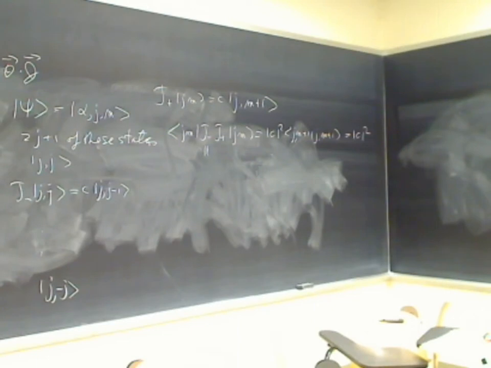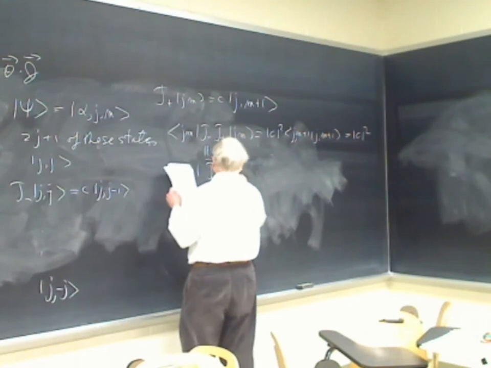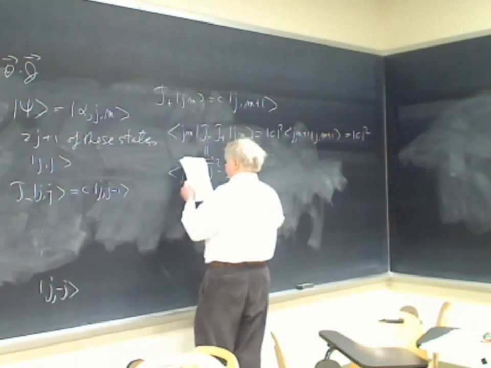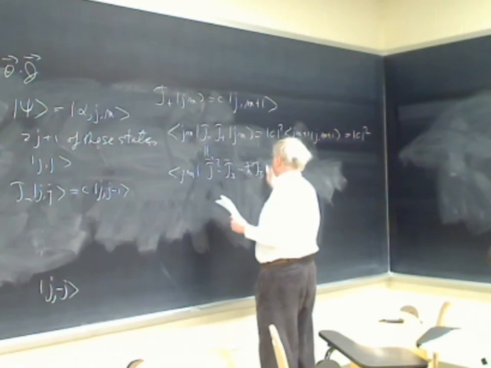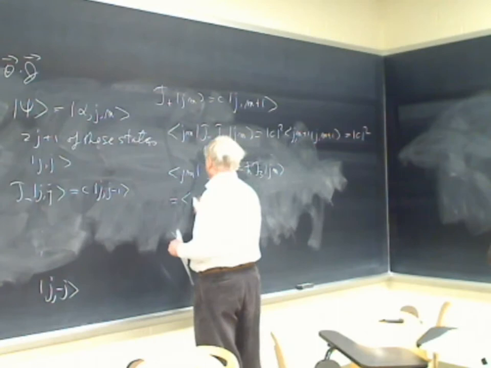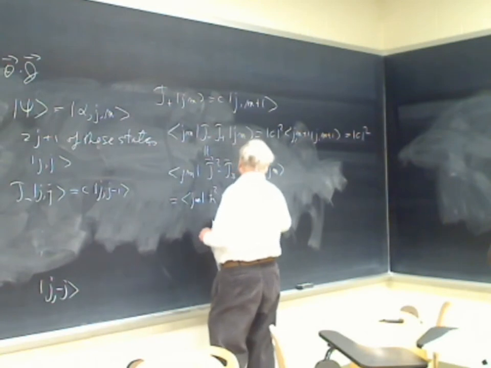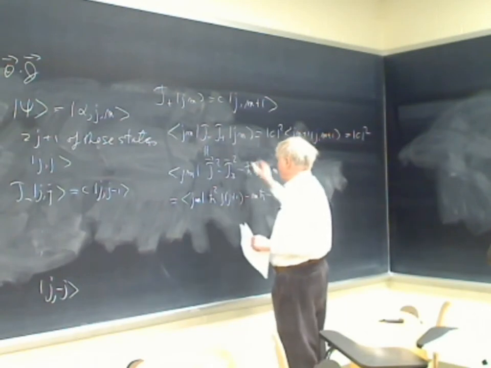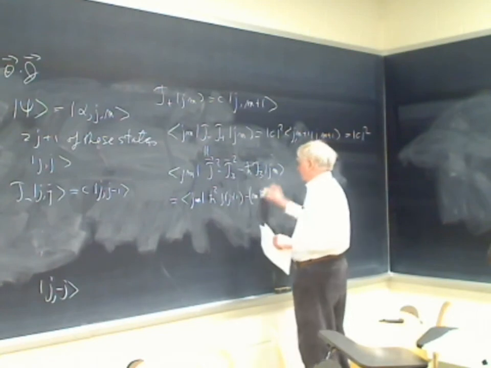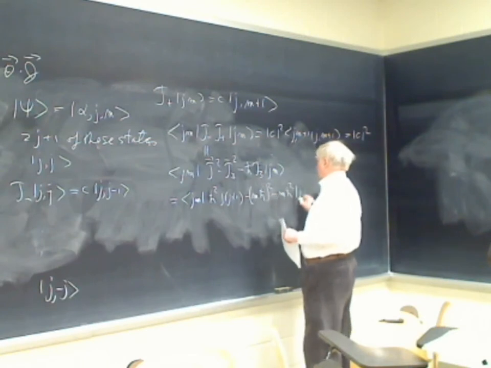And so when we substitute that in here, we have <j,m| times J squared minus J3 squared minus h bar J3 |j,m>, and that's equal to h bar squared j times j plus 1 minus m squared minus m, times the state jm.